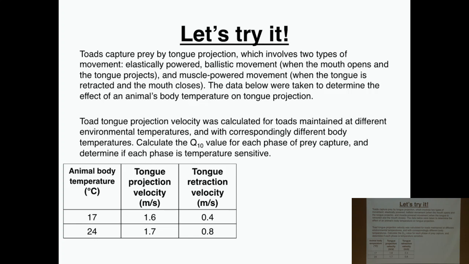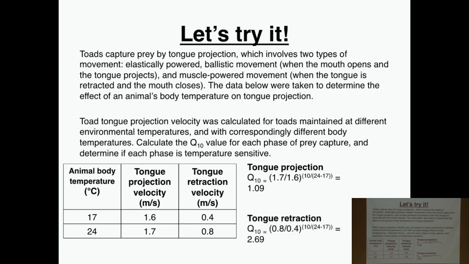Seeing yes, okay. And that is what I would get as well. So 1.7 divided by 1.6, to the 10 divided by 7, gives you 1.09. And then what about for tongue retraction? 2.69? General agreement? Okay. So tongue retraction using the same formula, 2.69.